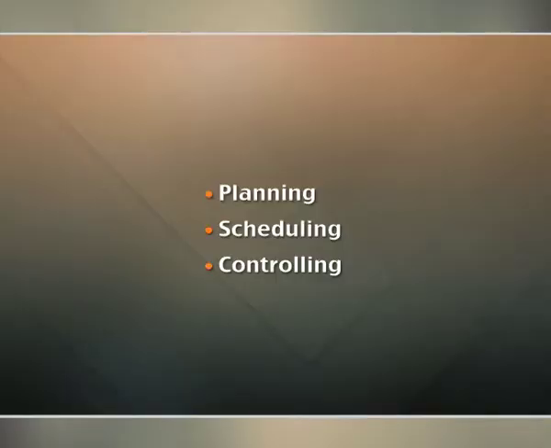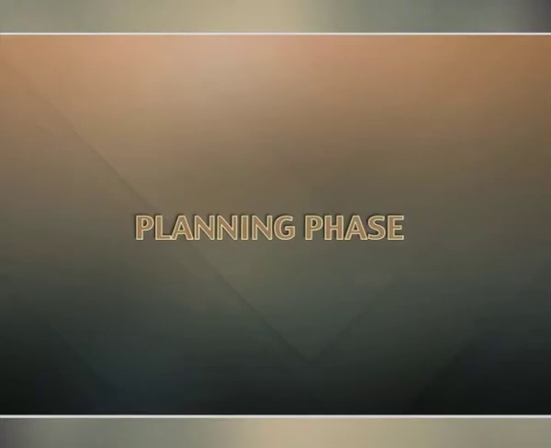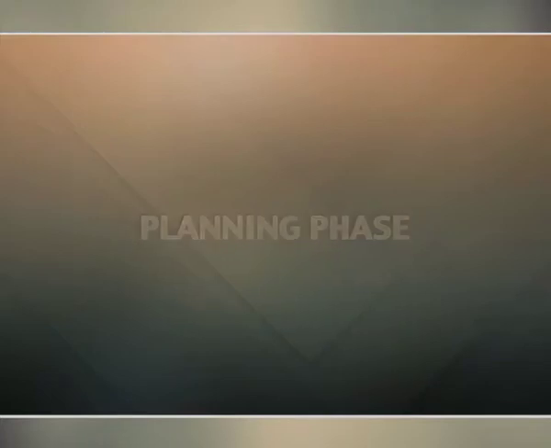There are three phases of project management: planning, scheduling and controlling. In order to visualize the sequencing or precedence requirements of the activities in a project, it is helpful to draw a network diagram.